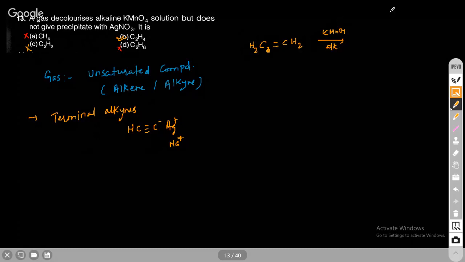We'll get a diol in this case, that is CH2 single bond CH2, OH and OH, ethylene diol. But this does not react with AgNO3. With AgNO3, no reaction. But if you take an alkyne over here, that will form salt of silver. That's why option C is not correct, B is the right one.